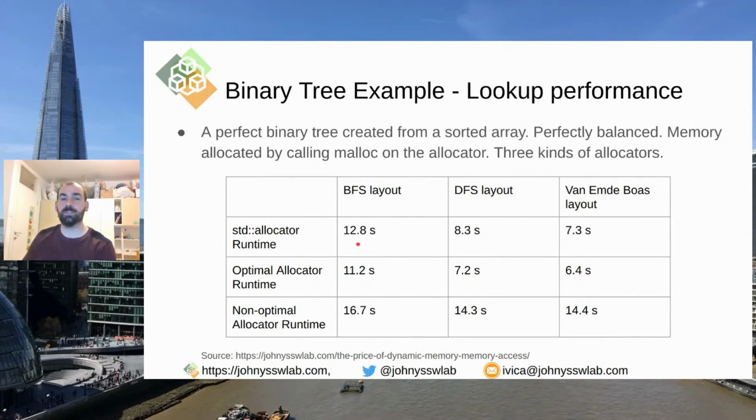You also find the same pattern: breadth-first search is the slowest, followed by depth-first search, followed by the van Emde Boas layout. Now the question is, can you guess why the standard allocator is slower compared to the optimal allocator?